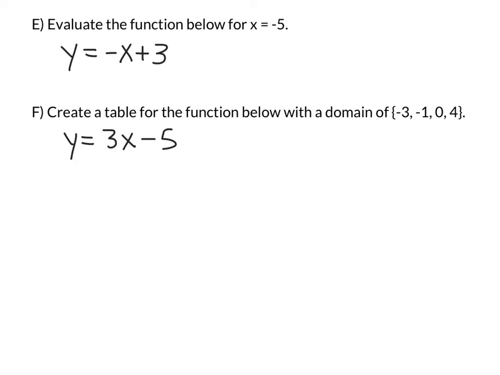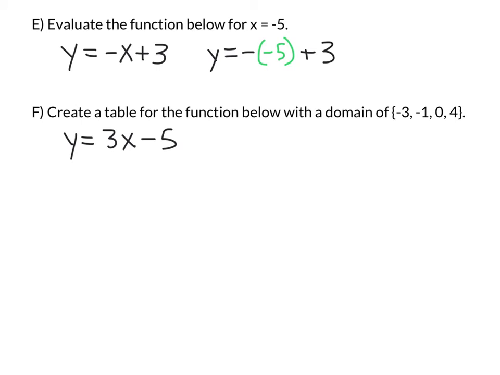So we can do that by just substituting for x. So we have y equals negative, and we'll just substitute negative 5 in for where x was, plus 3. Notice everything stayed the same. I just replaced the x with negative 5. And now we evaluate.